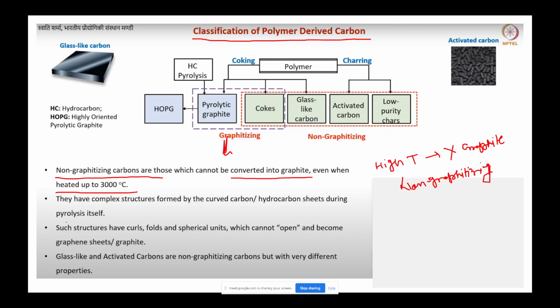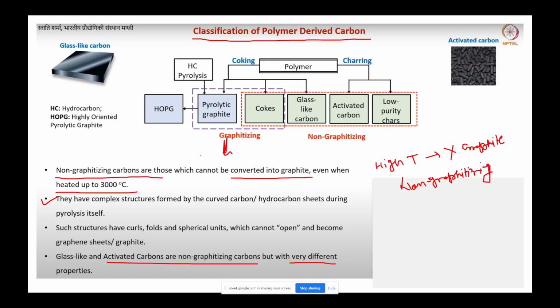Okay, now, they have a complex structure formed by curved carbon hydrocarbon sheets during pyrolysis itself. Such structures have curls, folds, and spherical units which cannot open and become graphene sheets. Glass-like carbon and activated carbon are non-graphitizing carbons, with very different properties.